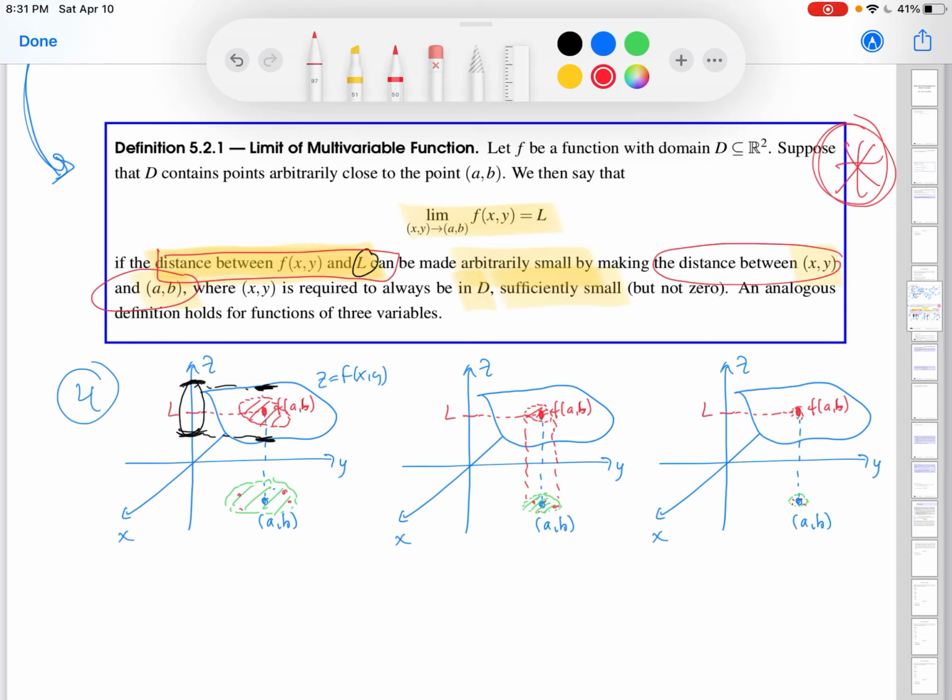That's what's happening over here in the red circles. All of these are points on the function, they're f of (x, y) points. And as I make this red circle smaller, these points get closer to the middle point, which for us is f of (a, b) equals L. So this is as much as I want to say about the existence of limits and the intuition about what's happening.